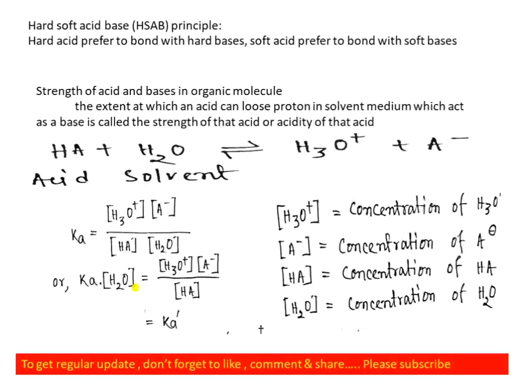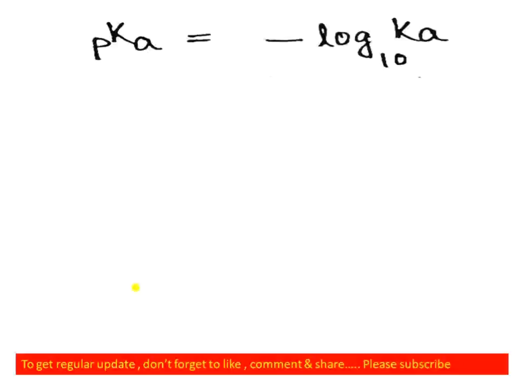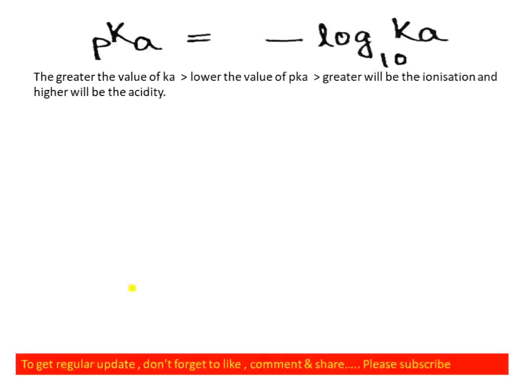Because of the exceedingly small numerical value of Ka, it is generally expressed as minus log base 10 Ka. So pKa is equal to minus log10 Ka. Now the Ka and pKa values can be used to compare the acidities of organic acids.